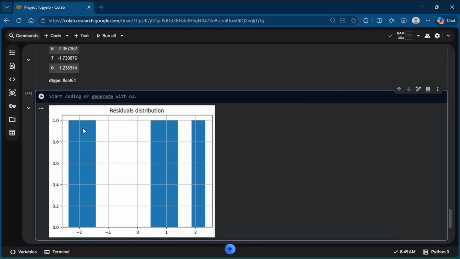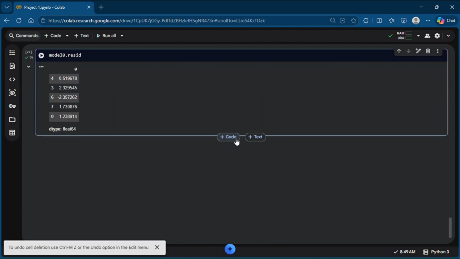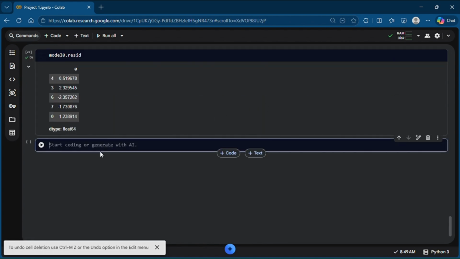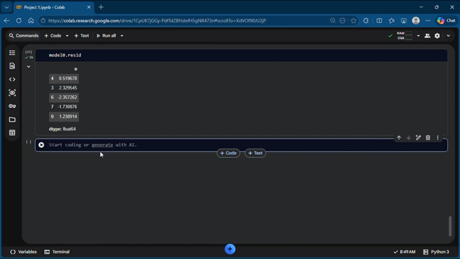Okay guys, so let's create a model that will predict the y-axis, that is, that will predict the area m squared from a price that is given a priori.